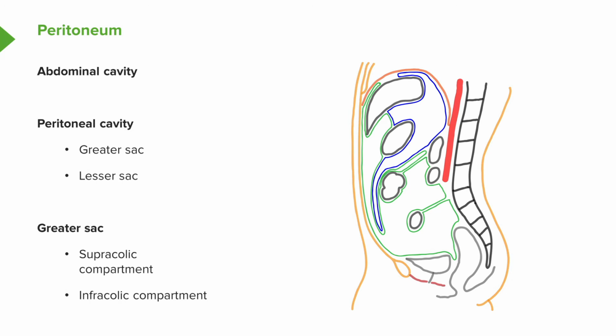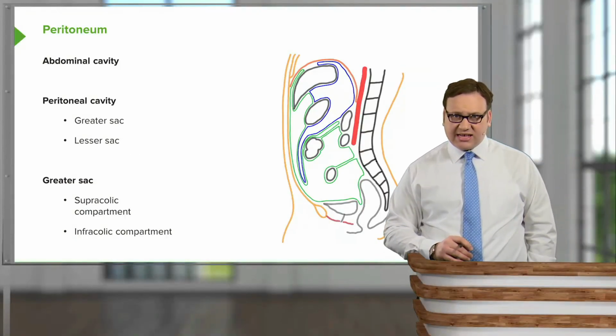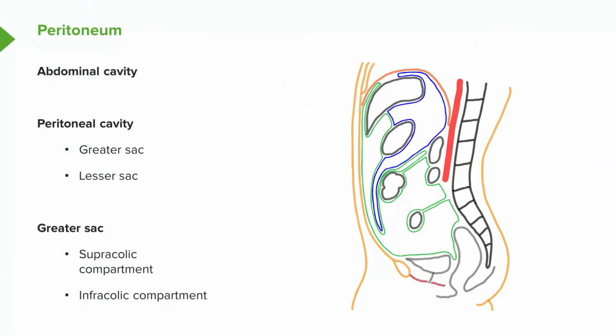The final part I want to do in this section is looking at the greater sac again, and the supracolic and infracolic compartments. This is relatively straightforward. All you have to do is lift out the transverse mesocolon and the greater omentum and form a separation in this direction.